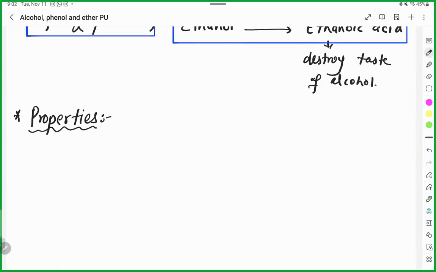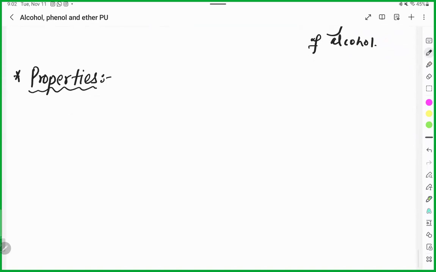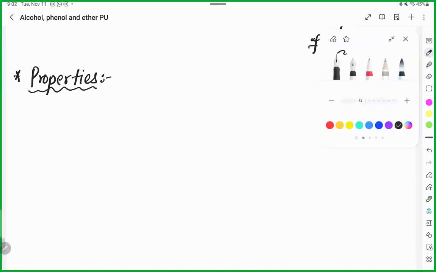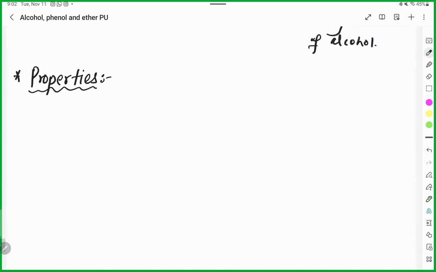The property, like how we did in the case of methanol. What were the properties of methanol? A colorless liquid, highly poisonous in nature. In small quantities it causes blindness, and in large quantities death. Correct.